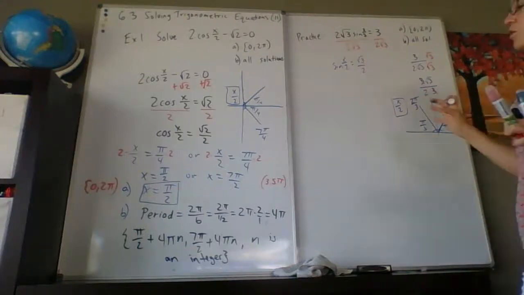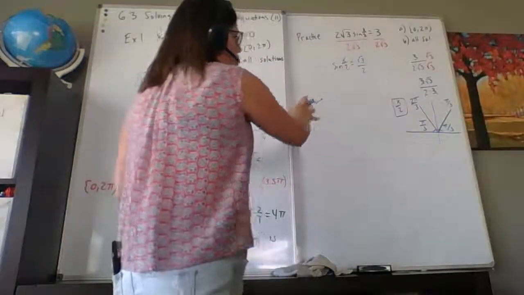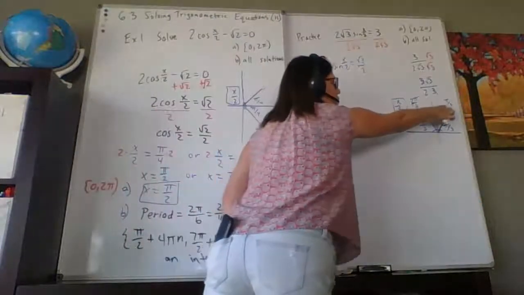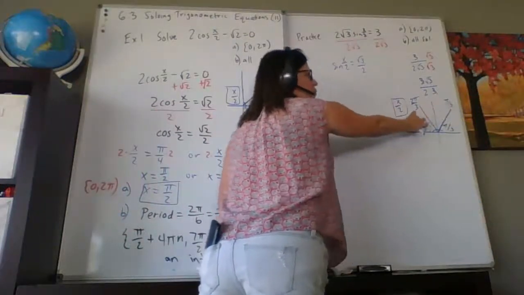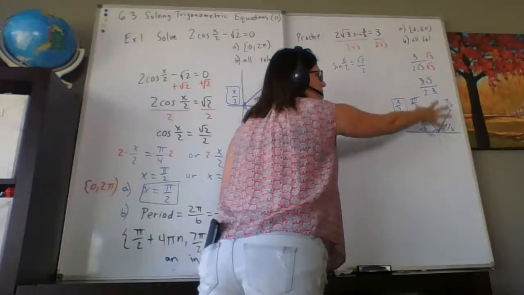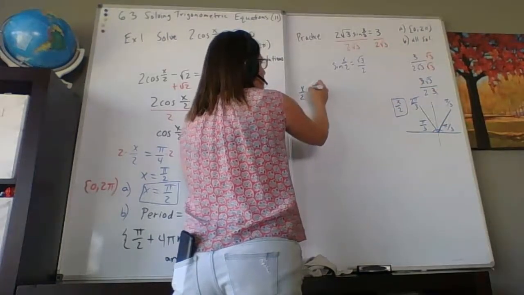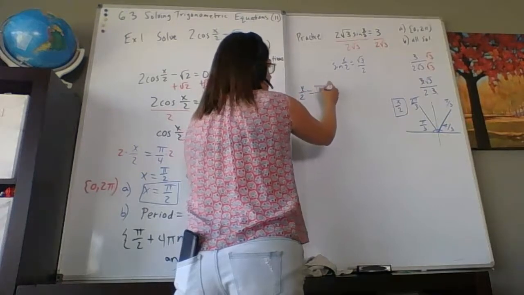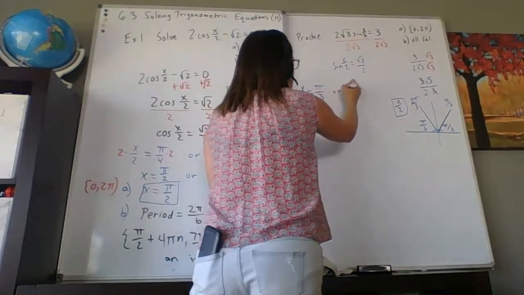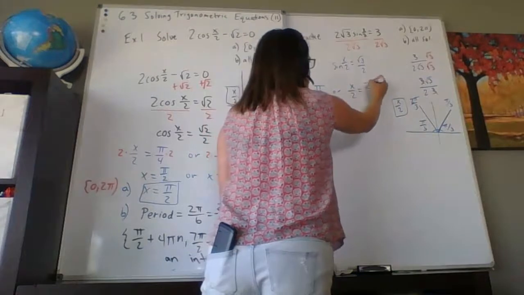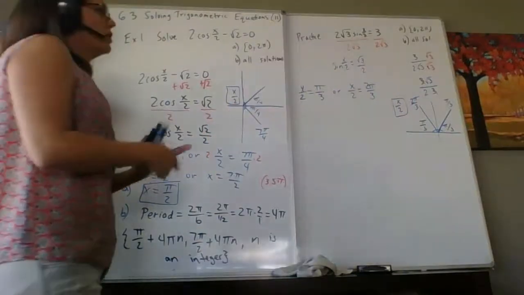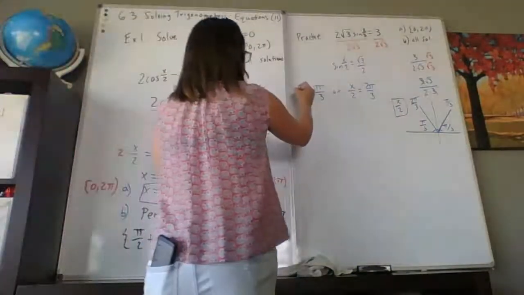So when we go to write this out, we're not going to say x equals pi over 3 and x equals 2 pi over 3 because this is the picture for x over 2. So our equations will be x over 2 equals pi over 3, or x over 2 equals 2 pi over 3. To solve this, we multiply both sides by 2.